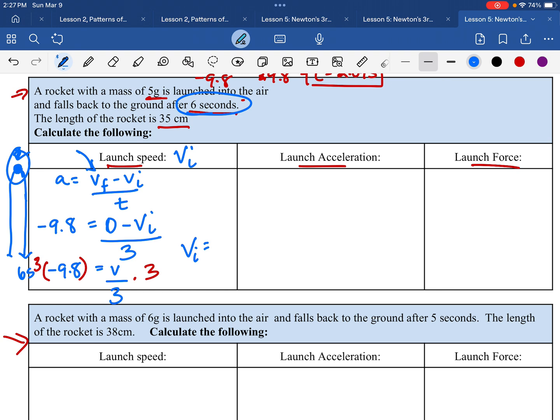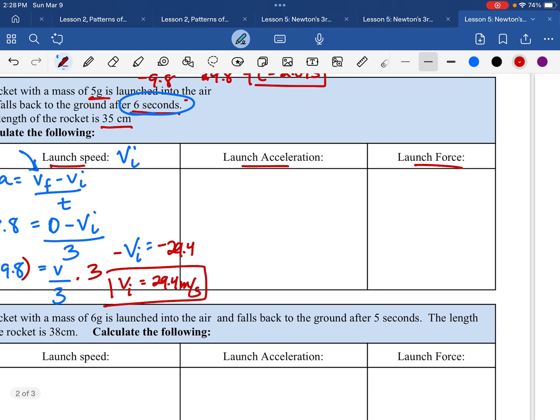Oh, this was negative. Right, so that's negative. The negative velocity equals negative 9.8 times 3, which is negative 29.4 meters per second. So then we divide both sides by negative 1, and we get that the launch speed, initial velocity, is 29.4 meters per second.